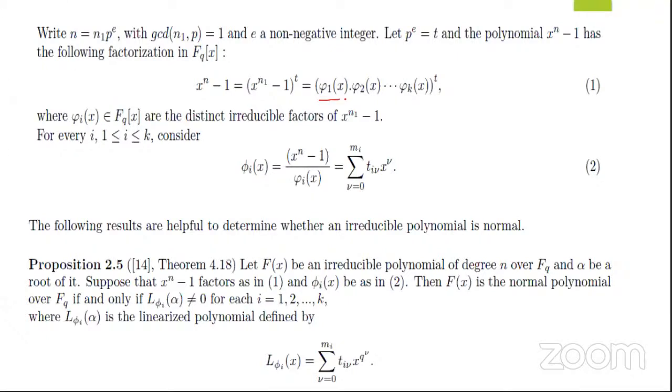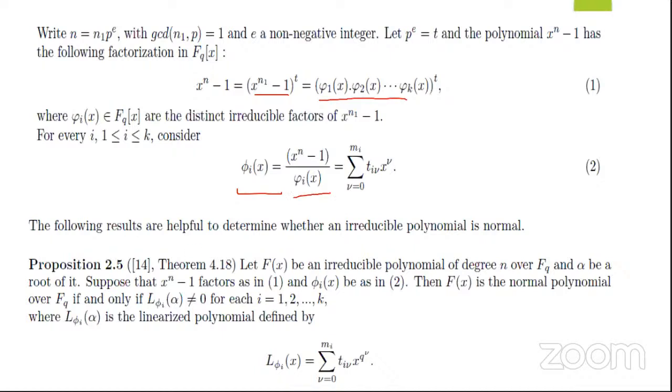These polynomials phi_1(x), phi_2(x), and so on up to phi_k(x) are distinct irreducible factors of the polynomial x^n1 - 1. Then we write phi_i(x) as the summation of t_iv x^v, where m_i is n minus the degree of this phi_i(x).